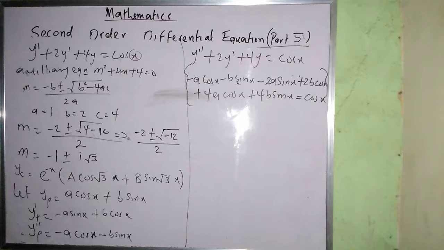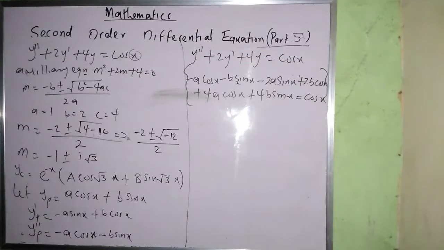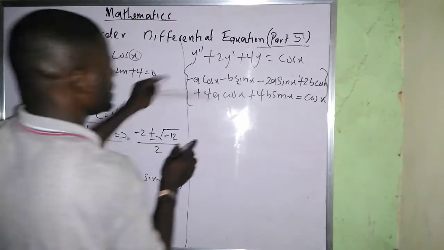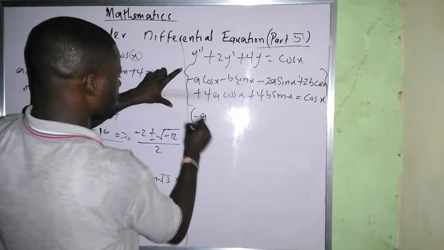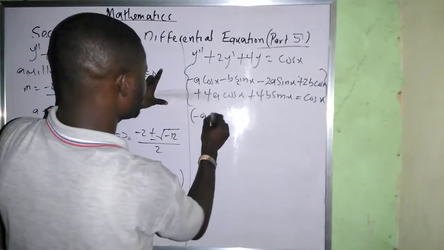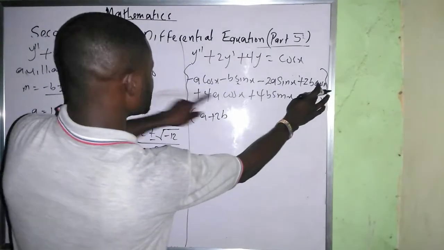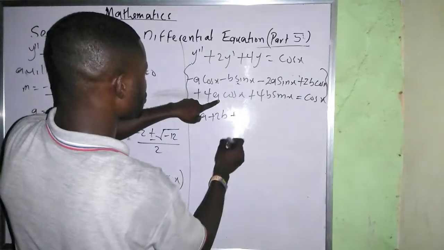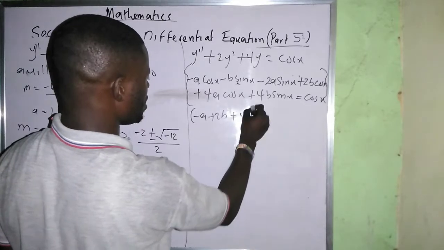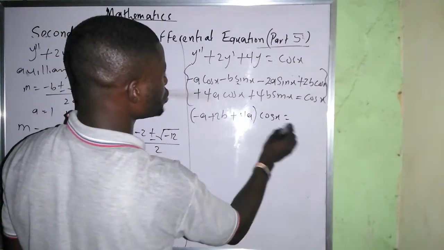Is there anything that can cancel off? I have A here and A here, and also minus. I have A, B, sine, sine. Since there is nothing that can cancel off, I will pack the terms that have cos at one side. It means I'm having minus A cos x plus 2B cos x plus 4A cos x equals what?